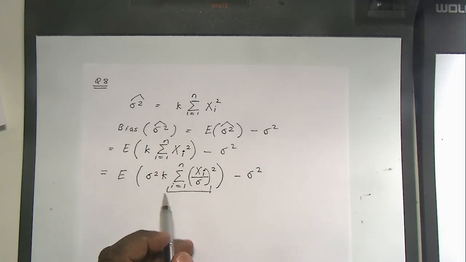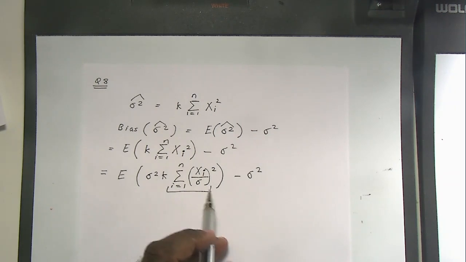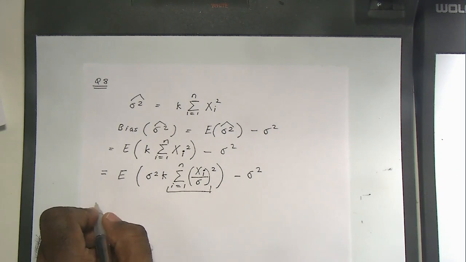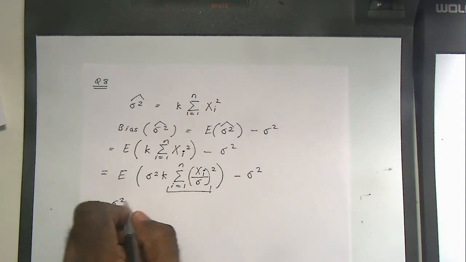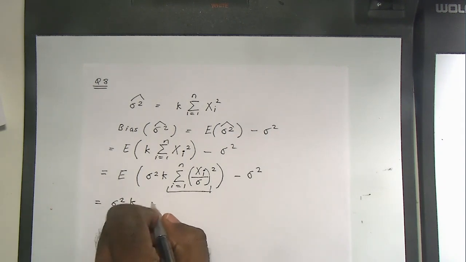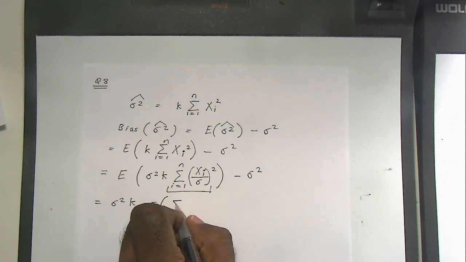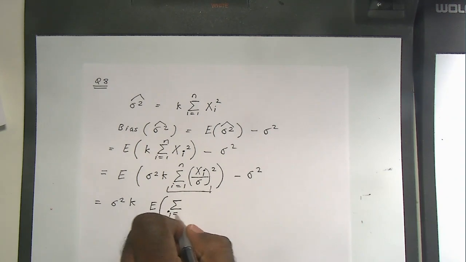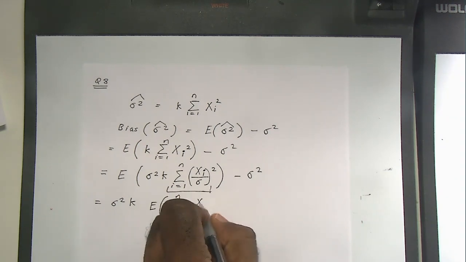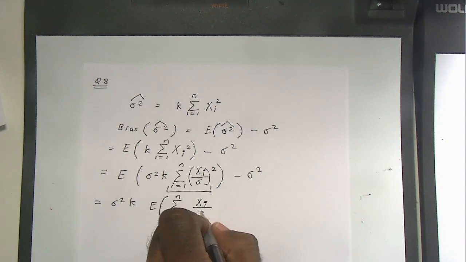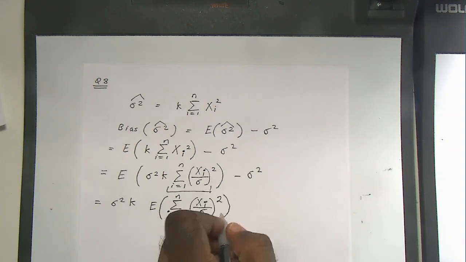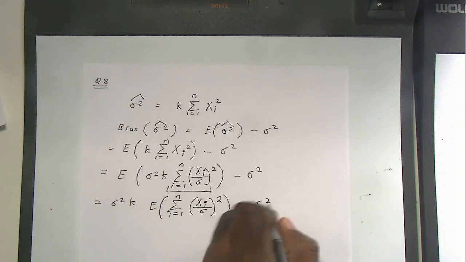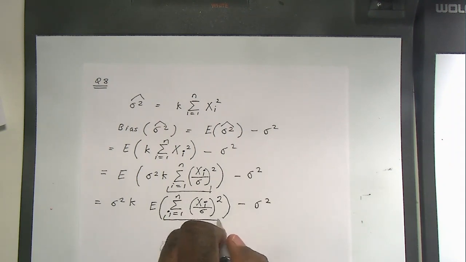You see what I've done? I have multiplied by sigma squared and divided by sigma squared. So I haven't changed anything. Now let me test your memory.